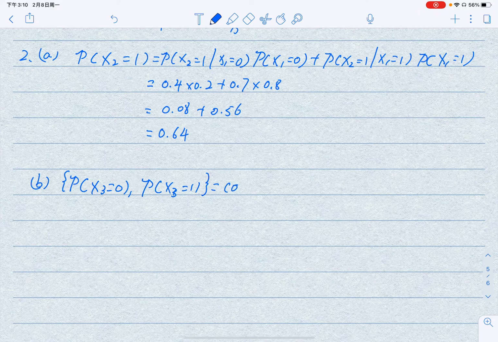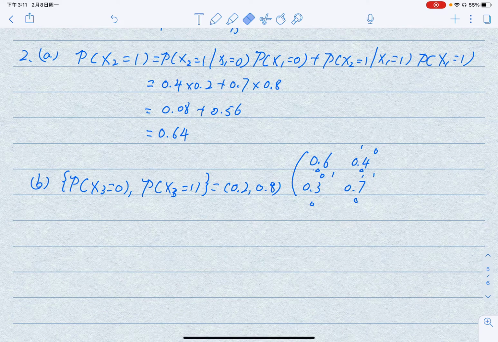That is equal to 0.2, 0.8, which is for the X1 input to 0 and the probability for X1 input to 1, times the matrix, that is 0.6, 0.4, 0.3, 0.7, which is given in the question. It means when the input is 0 and the output is 0, it's 0.6. And here is input 0, output 1. And here is input 1, output 0. And this one is input 1, output 1.